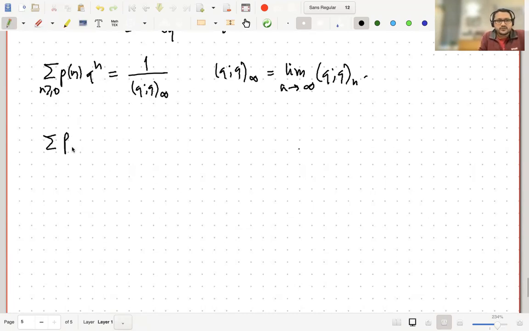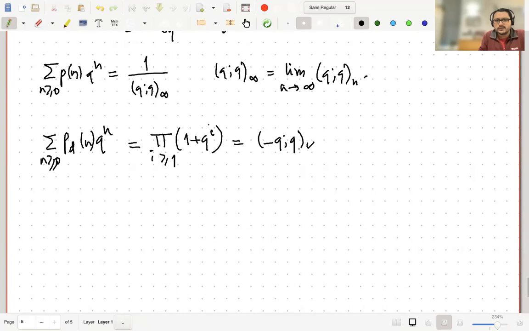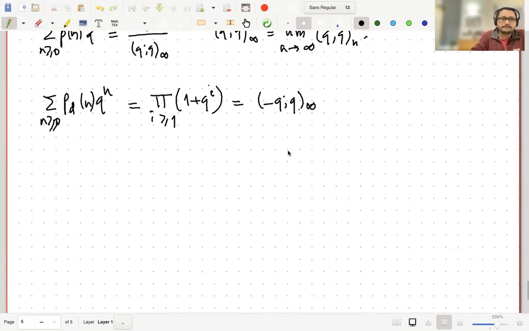The generating function for distinct partitions, so p_D(n) will be the number of partitions into distinct parts, is equal to the product of (1 + q^i) over i greater than or equal to 1, which is equal to (-q;q)_infinity.